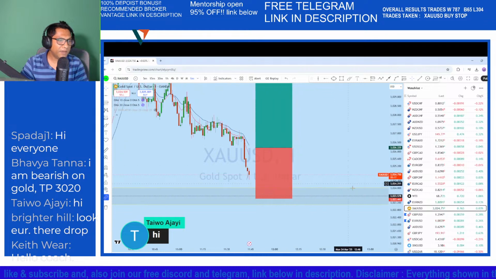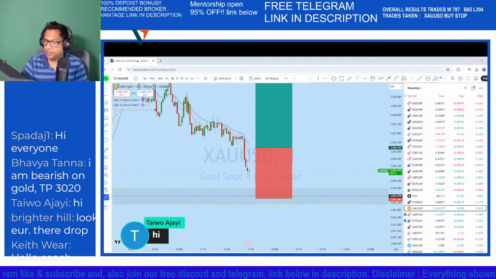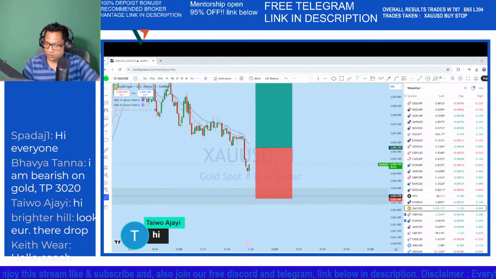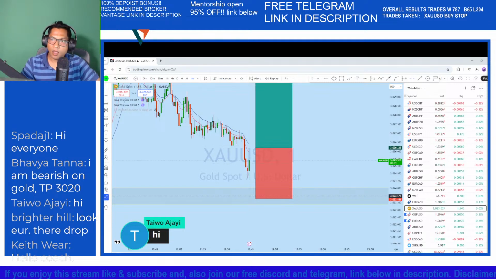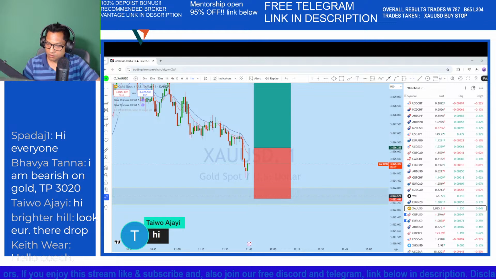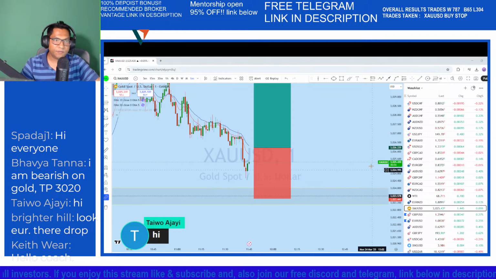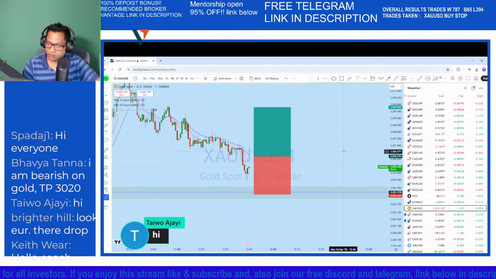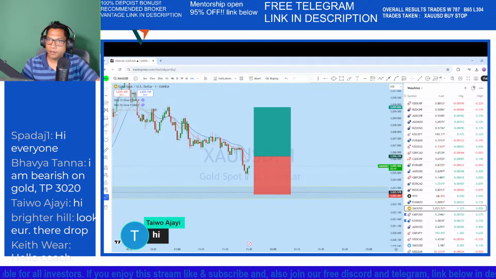So we'll be placing a buy stop at 3026.225, with the stop loss at 3023.441 and the TP target at 3029.824.